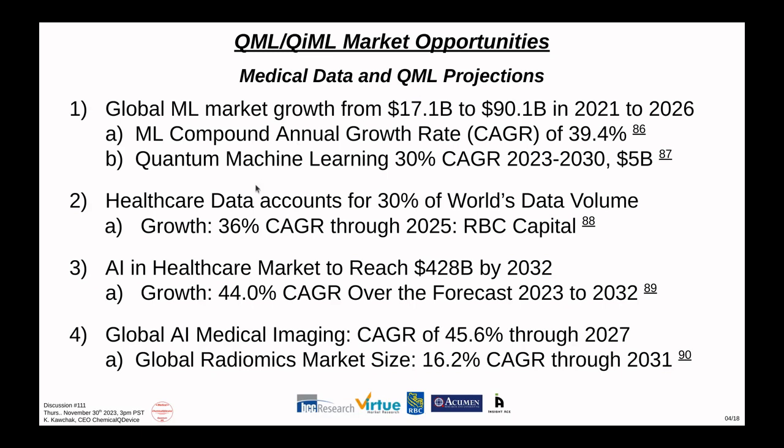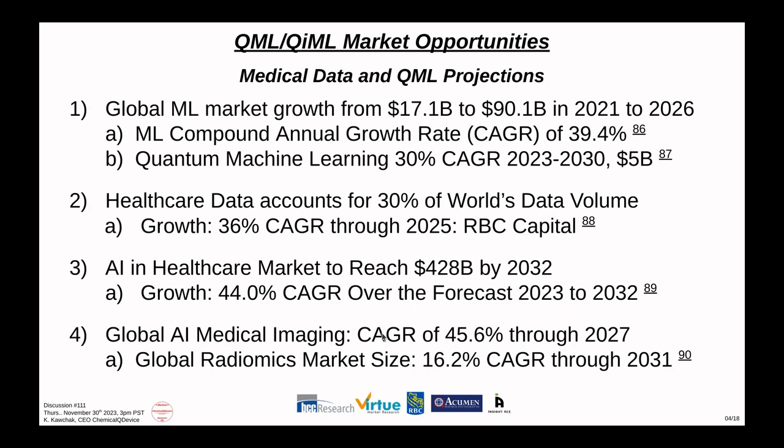And a lot of times, yes, without reinventing the wheel or changing your notebook completely, you can do some modifications, import your quantum machine learning library, and be off in a slightly different direction. But 44% compound annual growth rate, which is good. And global AI medical imaging CAGR, or the growth rate, is 45%.